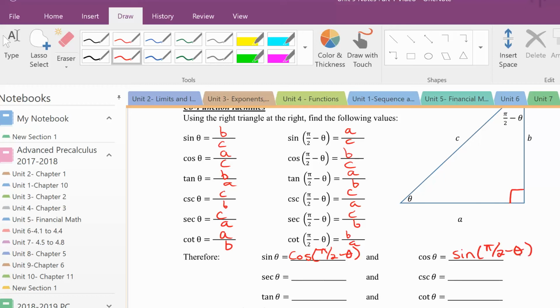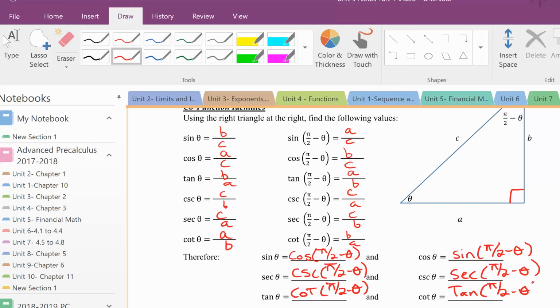The secant of theta is equal to the cosecant of its complement. And the cosecant is equal to the secant of its complement. And the tangent is equal to the cotangent of its complement. And the cotangent is equal to the tangent of the complement.